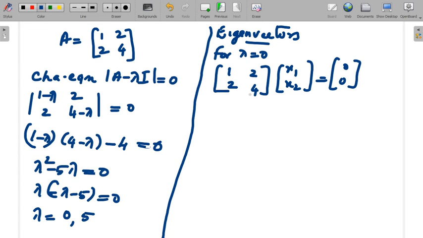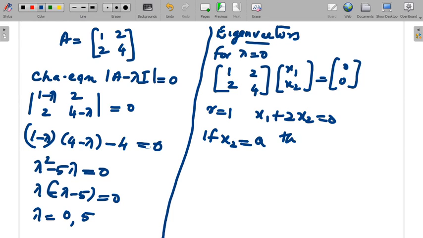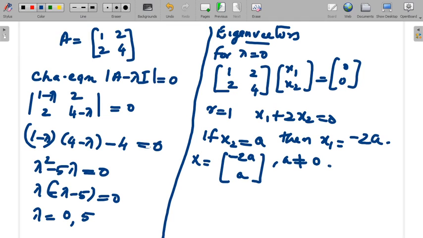Obviously, the second row is 2 times the first row, so the rank is equal to 1. And we have just one equation, x1 plus 2x2 equal to 0. So if x2 equal to a, then x1 equal to minus 2a. So we get the eigenvector as minus 2a, a, where a is not equal to 0.